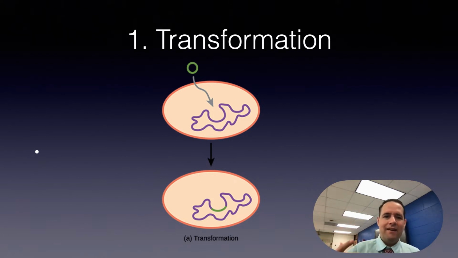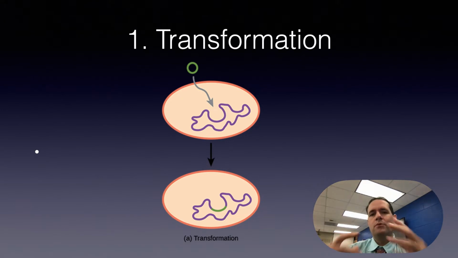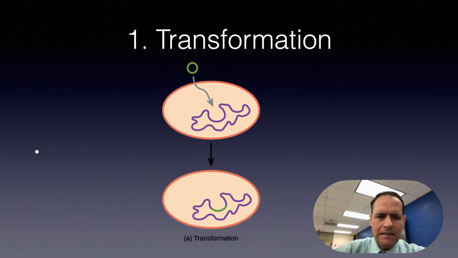It takes that in and it takes over the cell, not completely, but it gives it a different personality. Remember, DNA is the blueprint for what types of proteins and sugars are expressed by the bacteria. And so if the green part is a bad pathogenic gene, then it can make this bacteria pathogenic, harmful to whatever organism it might infect.